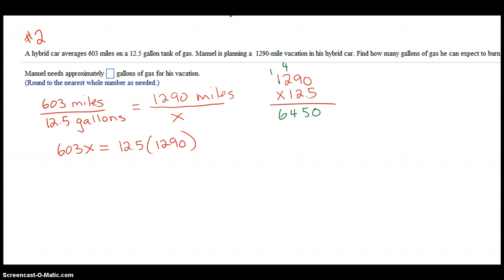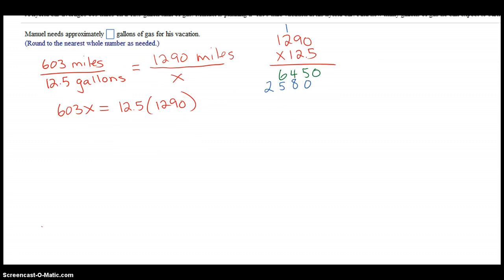So I'm first going to multiply my top number by 5. And I'll get this. Then I'm going to multiply the top number by 2 and get, leaving a space. Now I'm going to multiply, finally, the 1 by the top number, and again leaving a space.